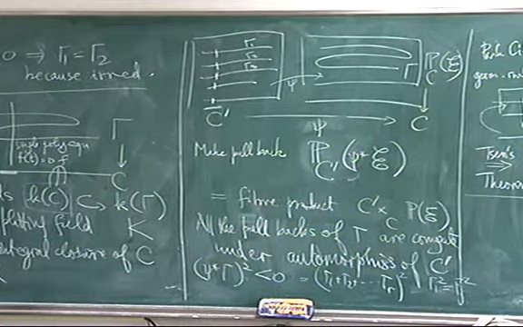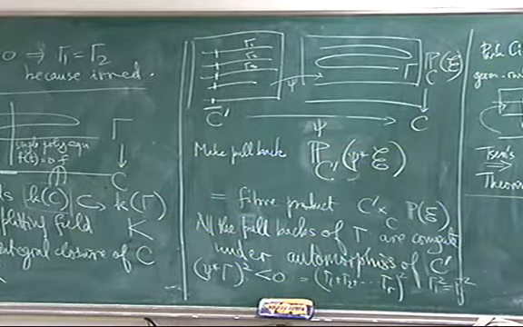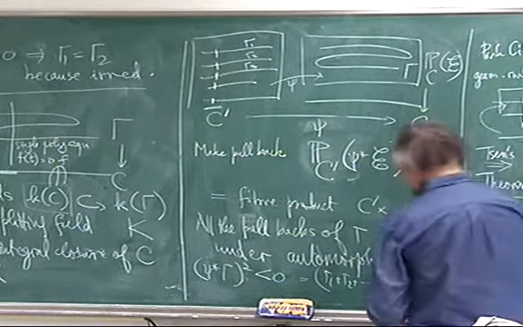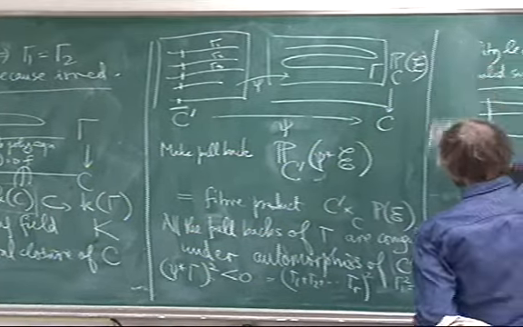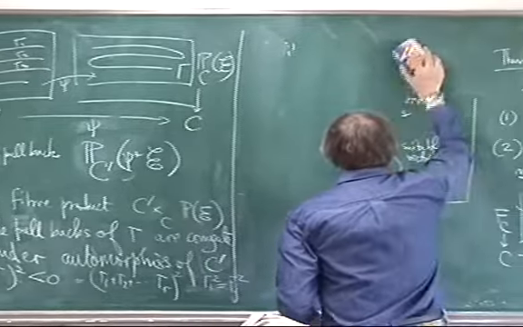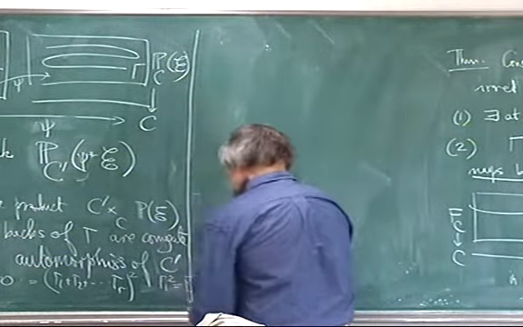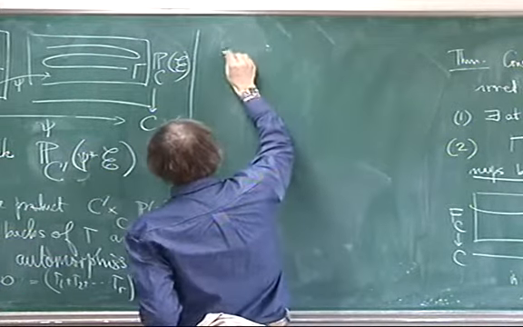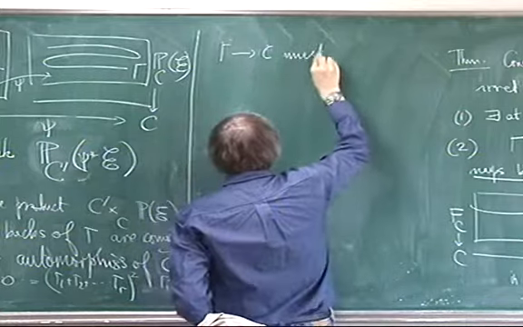And then if it's not the splitting field yet, continue to make the splitting field. Maybe I've said it slightly clumsily, but this is a very elementary argument. So what's the conclusion here? The conclusion here is that gamma to C must be bijective.